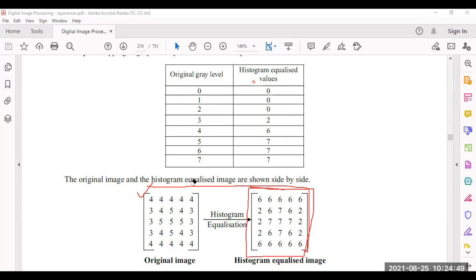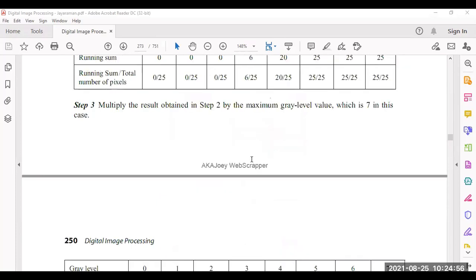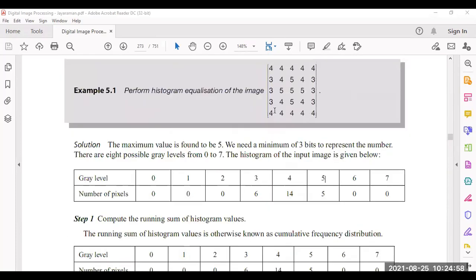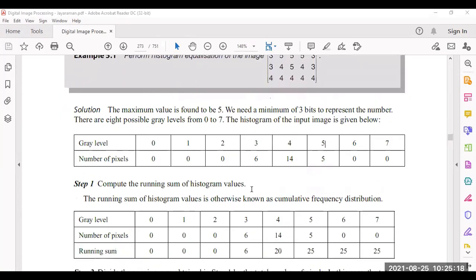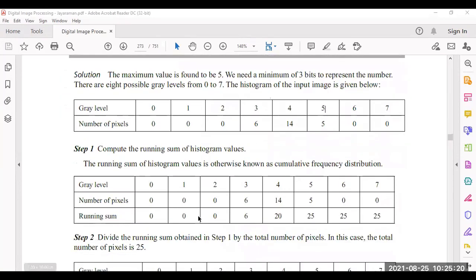So what they can ask in the question: they will give an image, and I have to calculate the histogram equalization for this image. How do you perform it? First of all, identify the maximum intensity level. Then choose the number of bits to represent it. Once you find the number of bits, find the histogram representation. Then find the cumulative frequency or running sum.